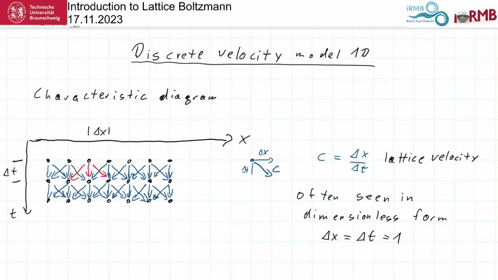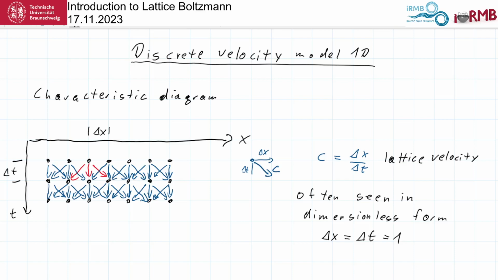The correct way of thinking about this is that we express everything in lattice units, and whenever you talk about velocity it is given in delta x by delta t, and because this is implicitly known, you don't write it there.